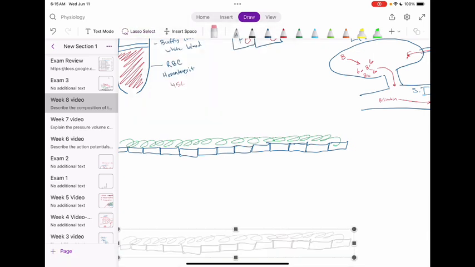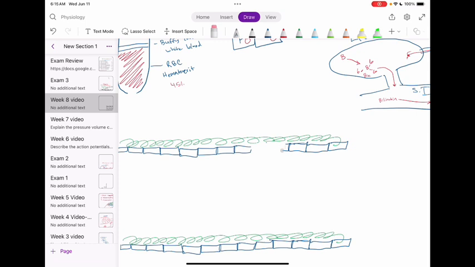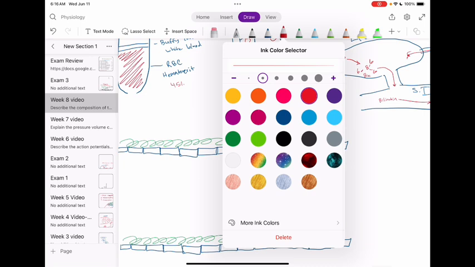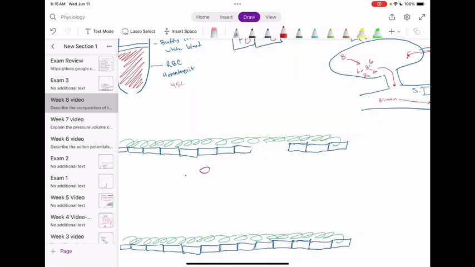So, when we have something that disrupts this membrane, inside the cell we have all of these platelets here in the cell.